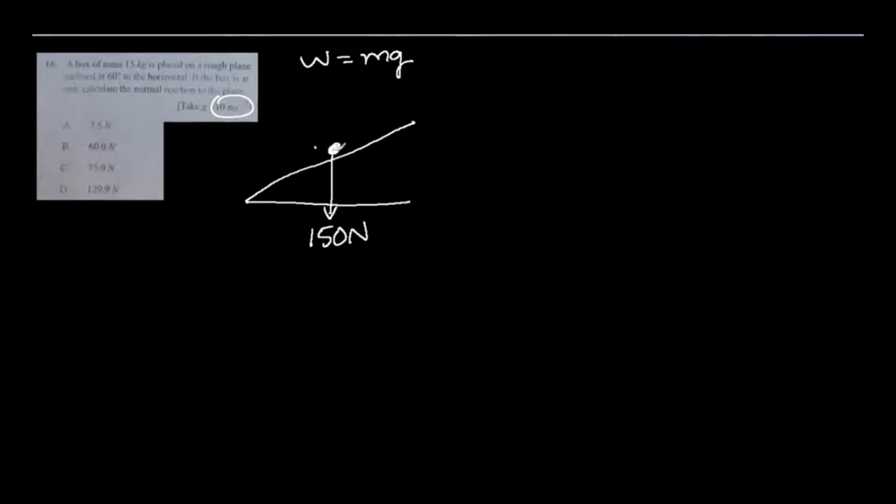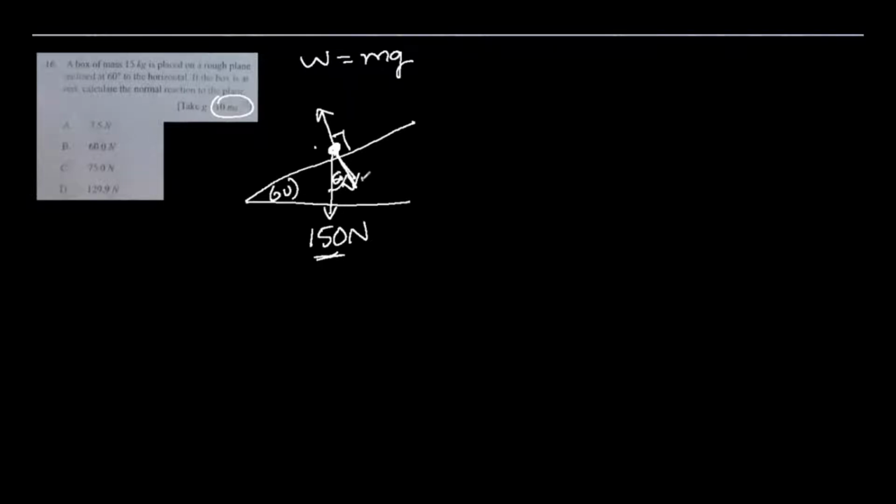So normal reaction force is perpendicular to the surface of contact, 90 degree. And as it is called normal, obviously it is balanced. It is balanced by the component of 150 Newton in this direction, and because this is 60 degrees, this angle will also be 60 degrees.